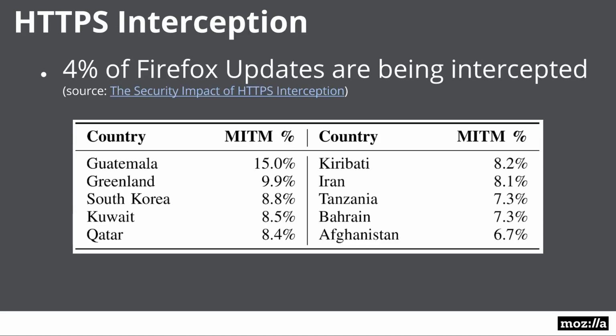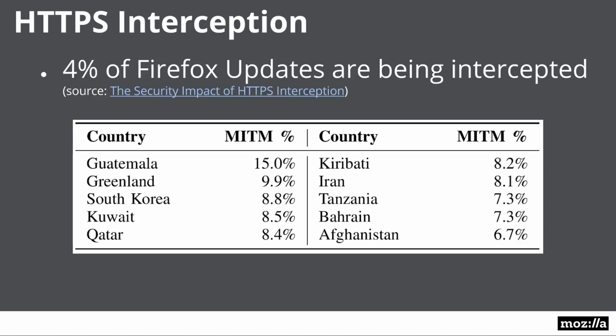HTTPS interception is a real issue on the internet. This is data from a study that was run last year in collaboration with Google, Mozilla, Cloudflare, and a few universities to evaluate exactly what percentage of connections are being intercepted and potentially modified. This is data that we measured on our update service.